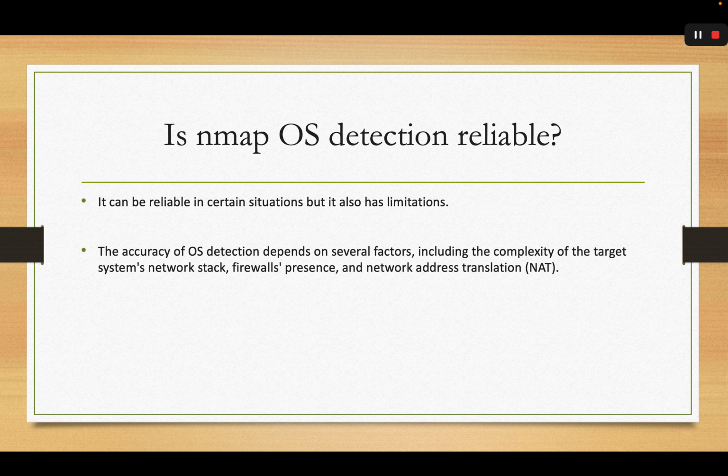The accuracy can be affected by the configuration of the target system, and by any security mechanisms such as IDS, IPS, firewalls, or NAT. However, Nmap OS detection is more accurate when performed against a single host on a local network rather than across multiple networks or the internet.